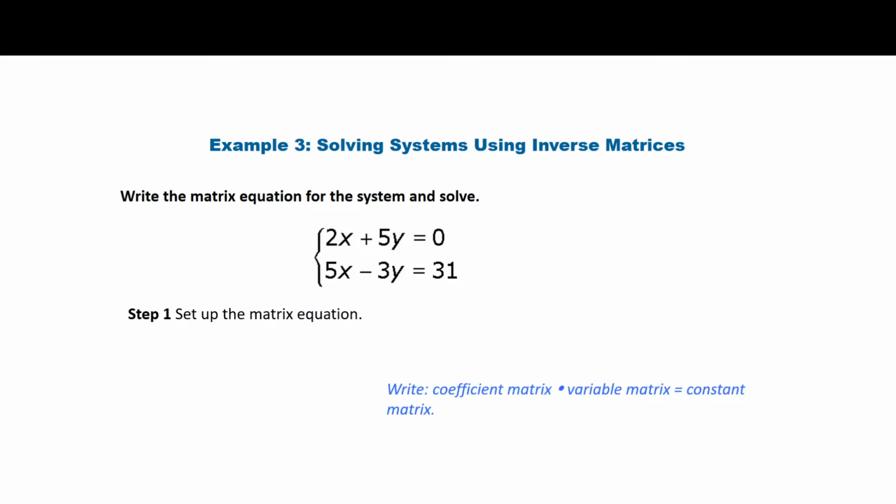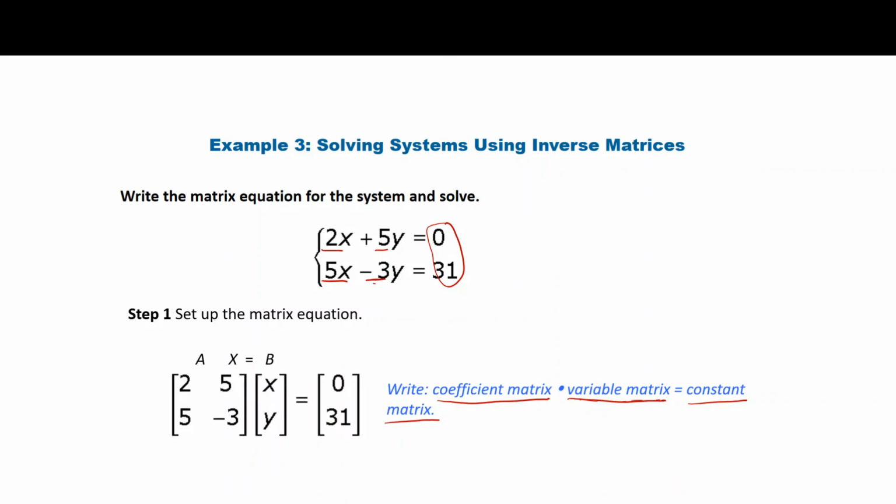We're going to write the coefficient matrix, the variable matrix, and the constant matrix. The coefficient matrix is going to be 2, 5, 5, and negative 3. Our variable matrix, we have x and y. It's going to be x over y. And then here are our constants, 0 and 31. So let's take a look at that.